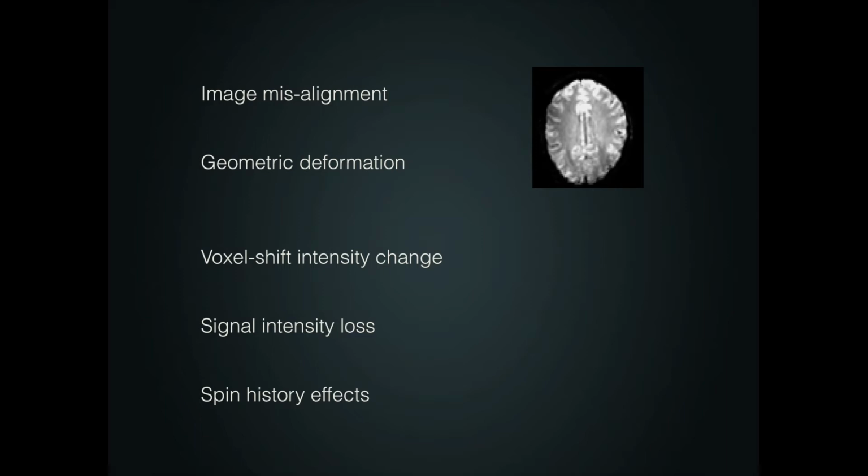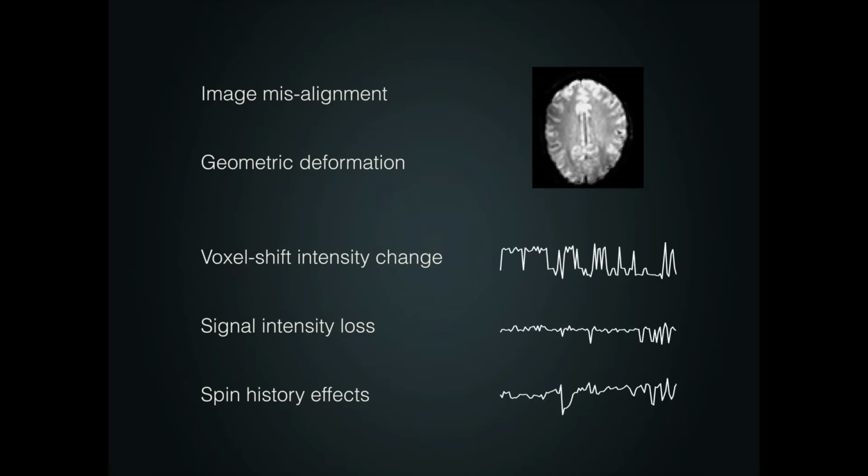Next, the actual signal itself in fMRI time series comes from alignment of spins. So if you move and the spins dephase or are now not in alignment with each other, you lose signal. And this causes a downward deflecting spike, or a negative spike, as I call it. And related to this, you get spin history effects, which are related to the time taken for spin rephasing after dephasing.